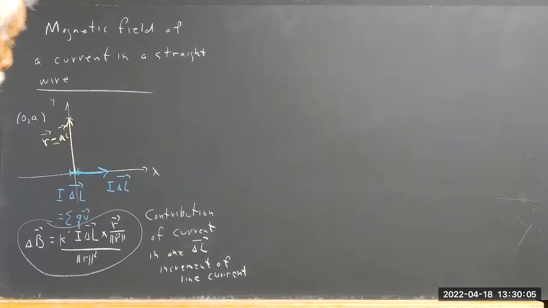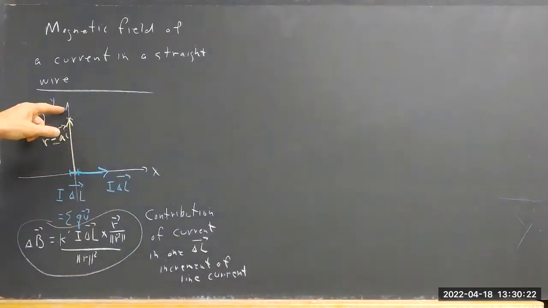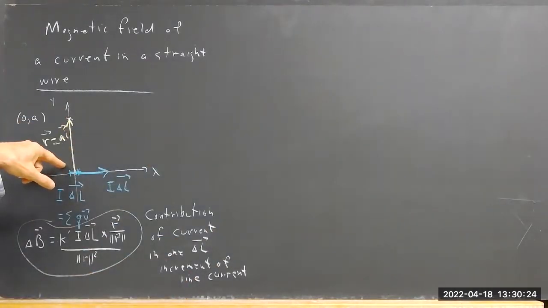Or what if we had an infinite line charge? It's actually going to be easier to talk about an infinite line charge, which is equivalent to a finite line charge for points that are close enough to that line charge.